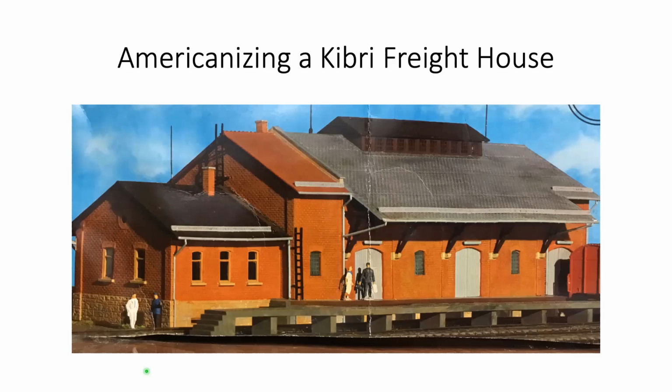And as you know, both the current layout and the prior layout are all staged in New York State. Having spent a lot of time there, this was the perfect thing to add to the layout.